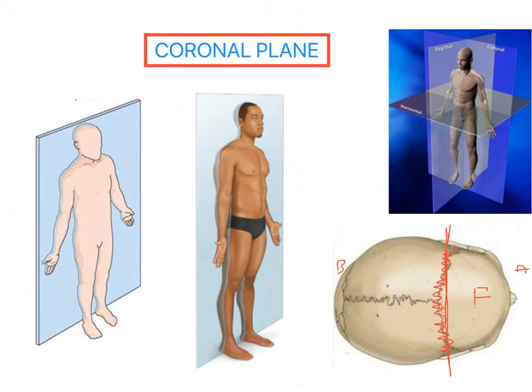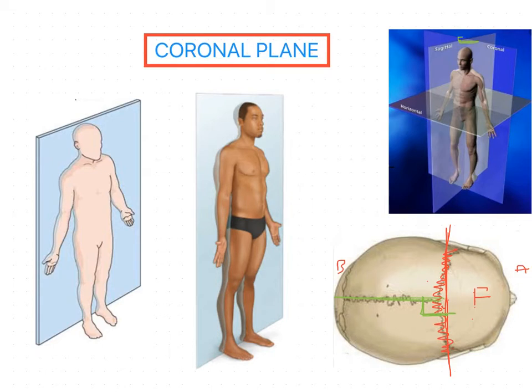It is an imaginary vertical plane. If you cut like this from side to side, this plane is at right angles to the sagittal plane. This one is the sagittal plane, and the coronal plane is at right angles to it.